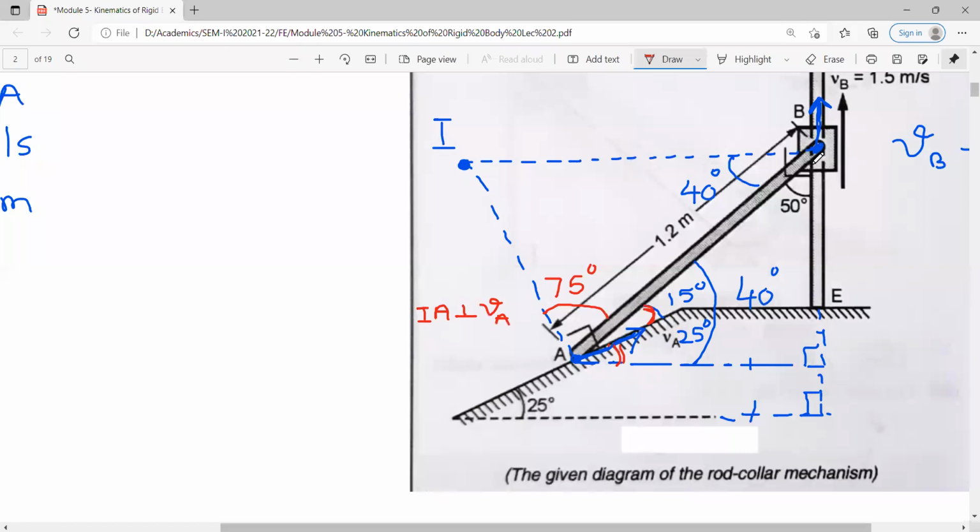Point B is moving up, so it will drag point A along the inclined plane. Getting it? So this angle is 15, and the remaining angle will be 75 because IA is perpendicular to the velocity of A.